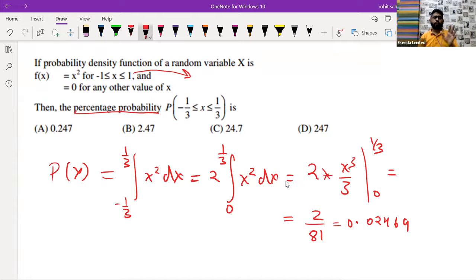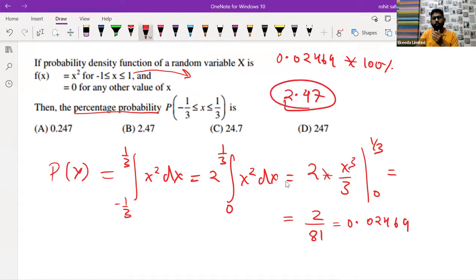Okay, I'll do it, you leave it. So he should always read what was asked in it, what are they asking. So they are asking you the percentage value, so it needs to be multiplied with 100. So that should be 2.47 approximately.